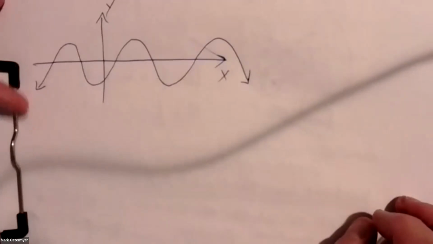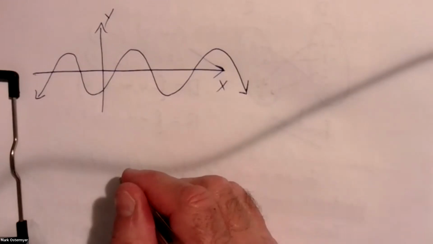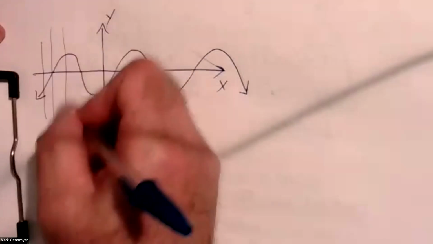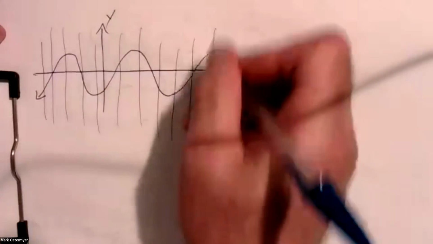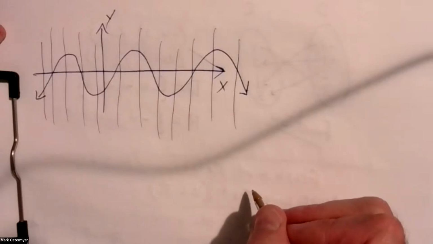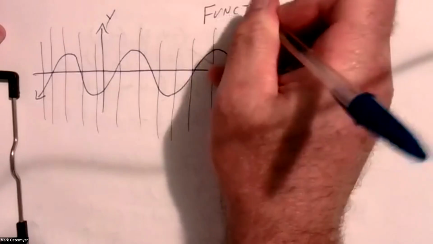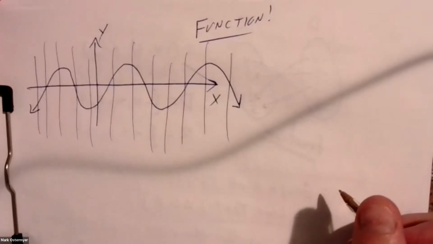Is this relation here a function? If you put a vertical line anywhere in the XY plane, does it touch the graph at most one point anywhere? The answer is yes. So this is an example of a function. And obviously being a function, it's a relation.